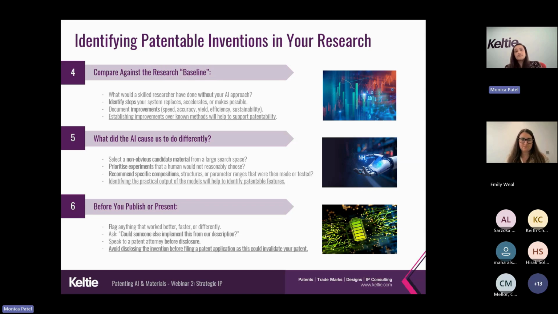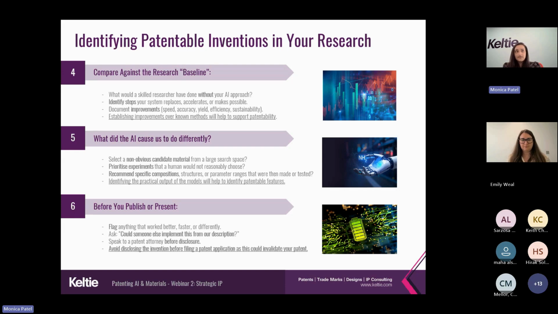Another quite useful question to ask is, could someone else implement this from our description? Answering that question, as well as speaking to a patent attorney, can help you to identify what would be safe to disclose and what you might want to wait before you file a patent application for.